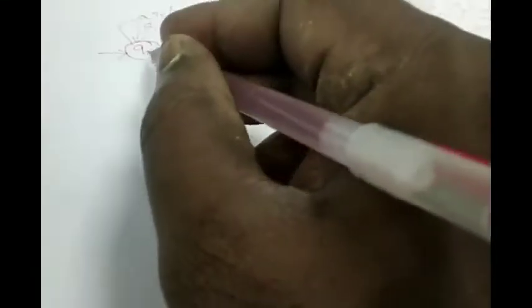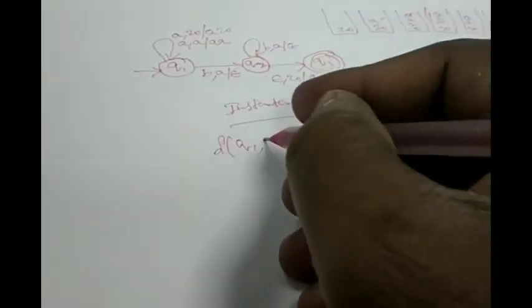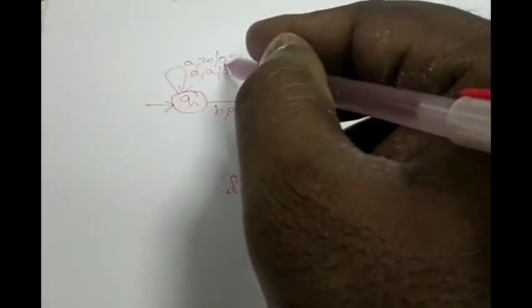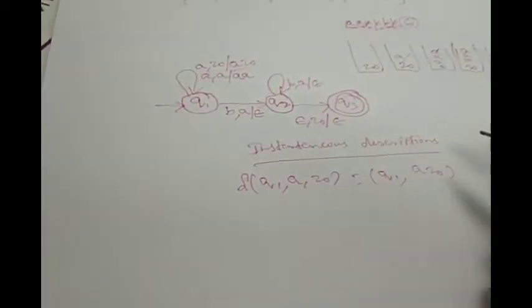In this case, you are supposed to write all these transitions one by one. Initially you have the state Q1. So delta of Q1, and the input is A, topmost symbol is Z0. Topmost symbol is Z0, then after the transition it should be A Z0, isn't it? It should go to the same state Q1. So I just write Q1 A Z0.